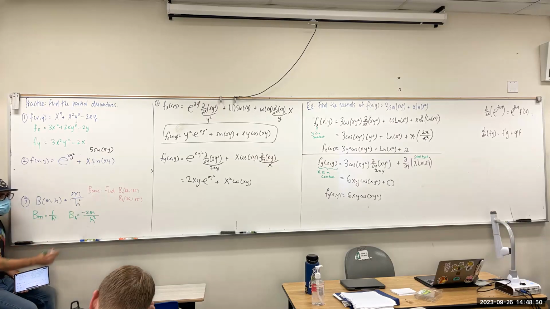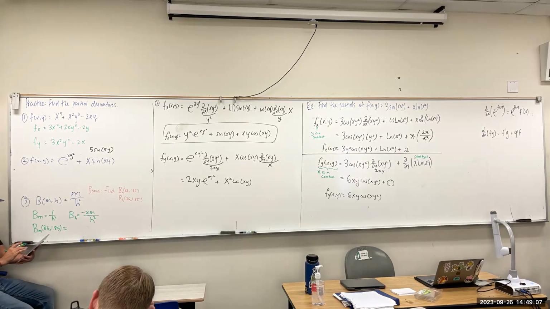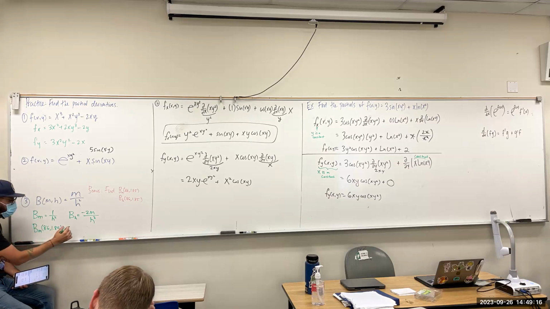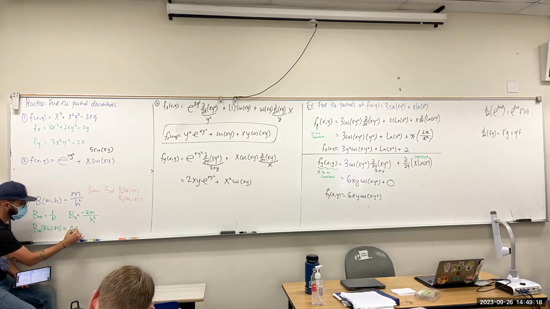Now, going back to that problem from the beginning of class, if I wanted to find how my body mass index changes as I gain a little bit of weight at the point that I'm at right now, did anybody figure that out? You plug these values into this function, and you would get about 0.26.